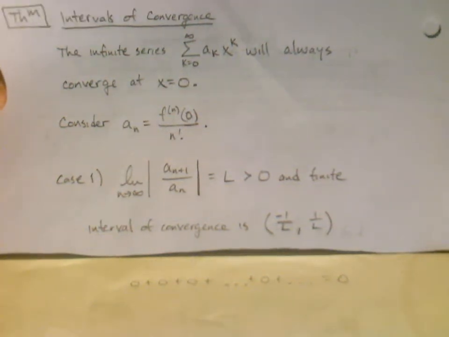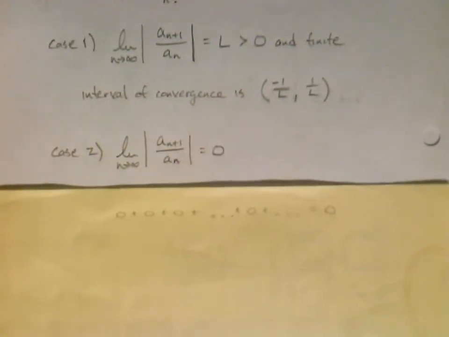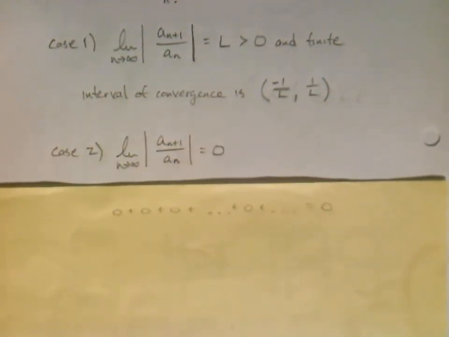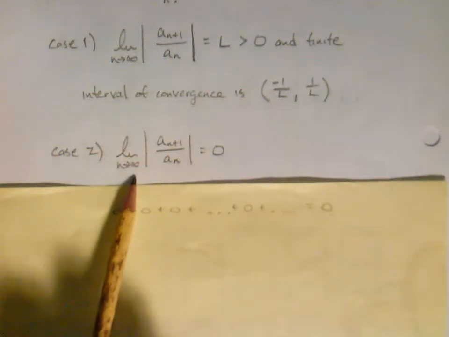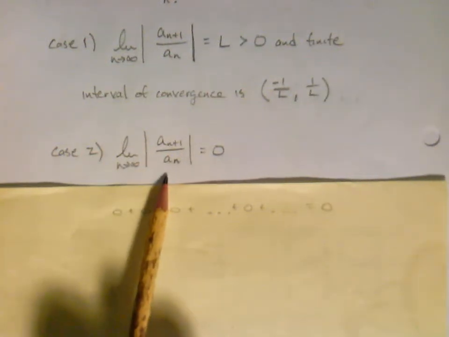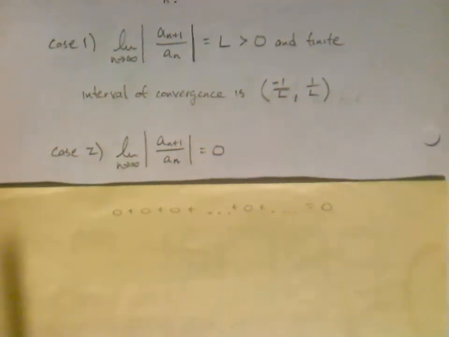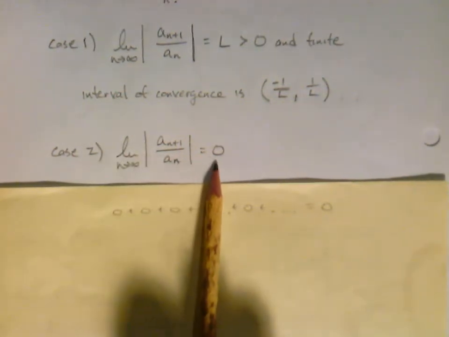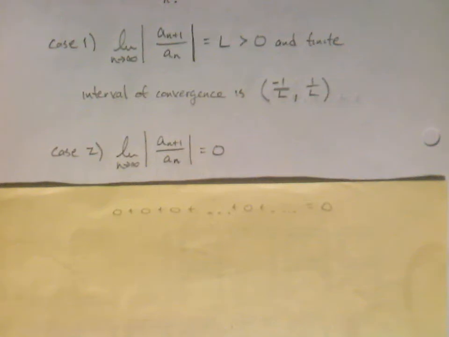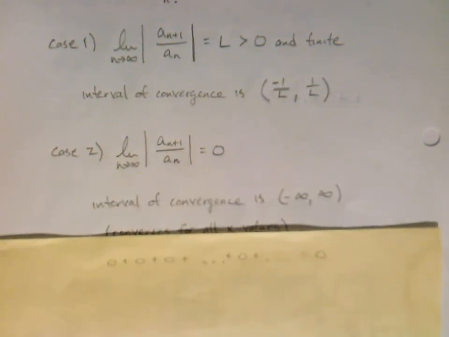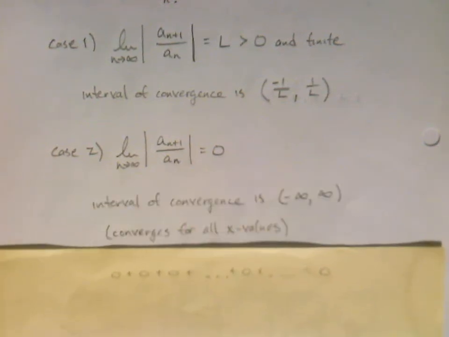Okay, what is case number 2? Well, we're still going to perform the limit as n goes to infinity for the absolute value of the ratio of a n plus 1 over a n. But what happens if we get 0? Well, it turns out that the interval of convergence in that case is all real numbers.